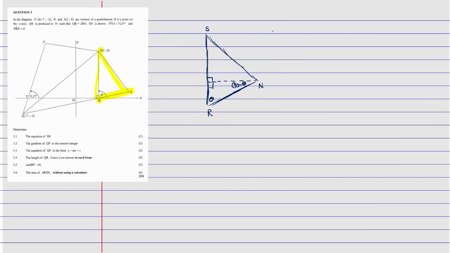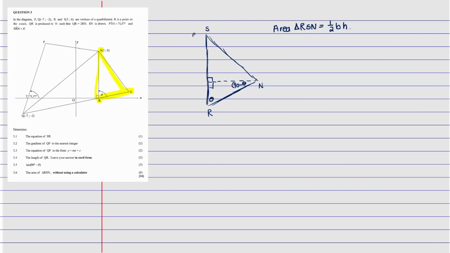So remember the area of a triangle. Area of triangle RSN is equal to half base times height, right? So here, what is our base? Our base is where the height cuts, right?